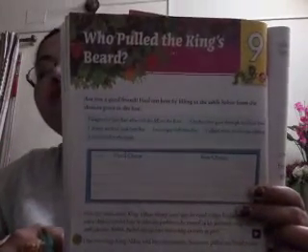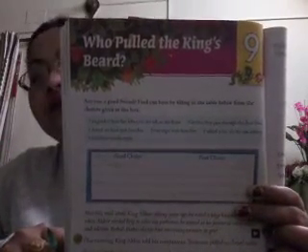The chapter that we will discuss today is chapter 9, and the name of the lesson is Who Pulled the King's Beard? Beard, you know. So, who pulled the beard of the king? This is the name of the story.